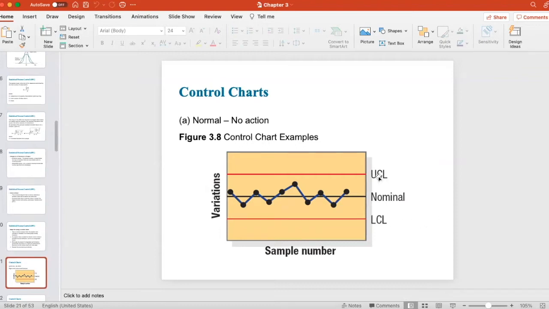So UCL is the upper limit that is acceptable within the quality management process. Very straightforward, right? And the LCL represents the lower limit that is acceptable within this quality management.